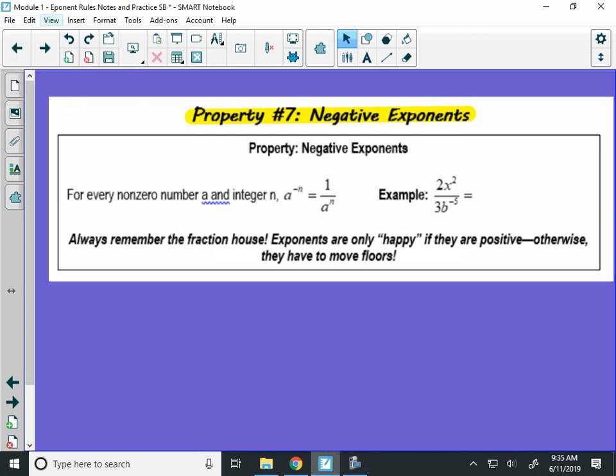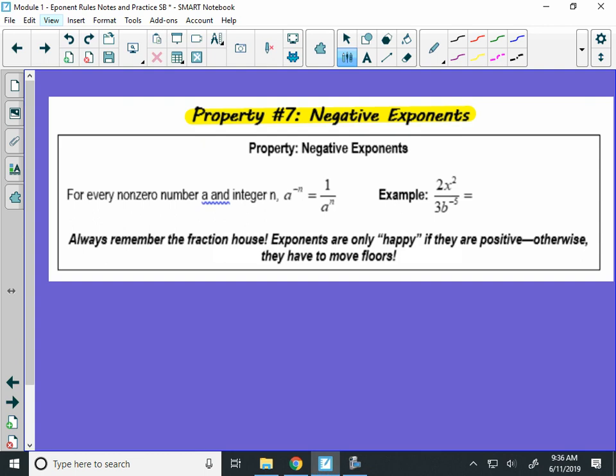Number 7, negative exponents. The rule about a negative exponent, what I was taught when I took Honors Algebra 2, a long time ago when we taught exponents in Honors Algebra 2, was that you have a fraction house.